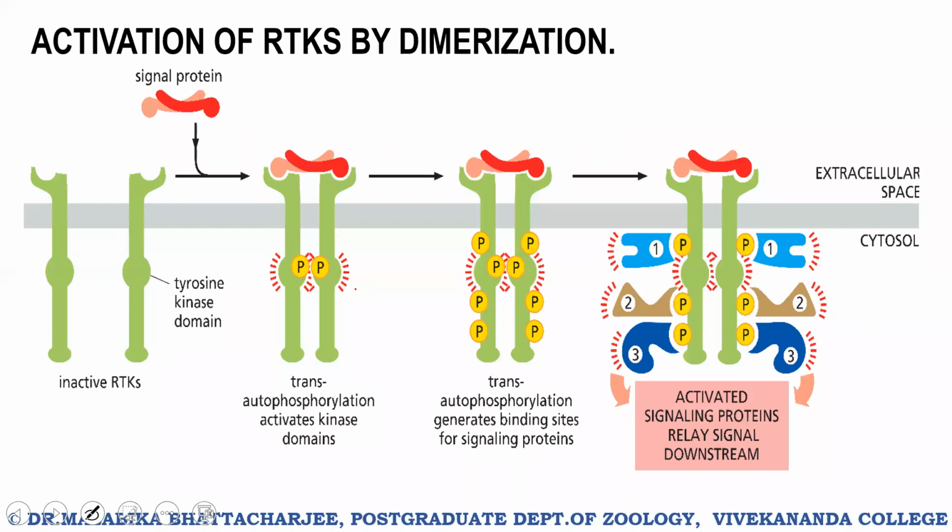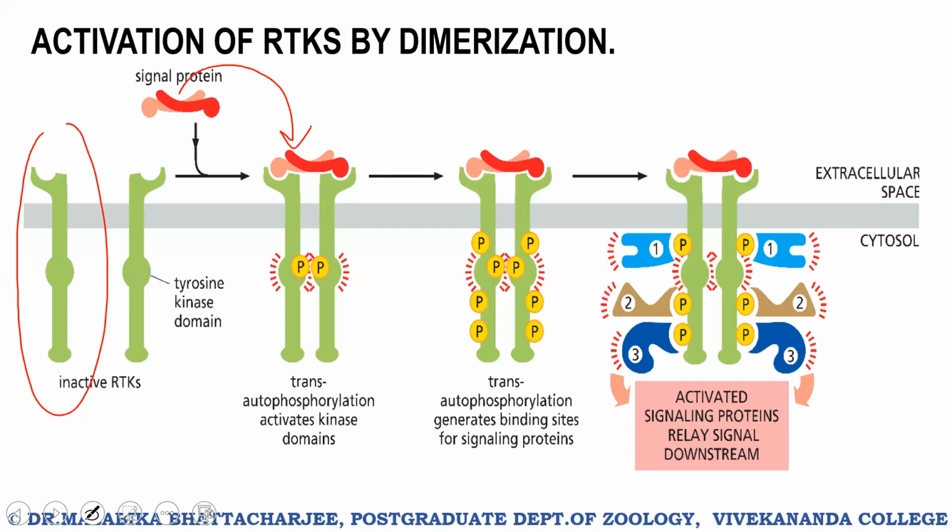And now talking about that RTK dimerization. In one of the initial slides, I explained what happens. This is an inactive receptor tyrosine kinase. This inactive receptor tyrosine kinase is there as a monomer in the plasma membrane. The moment the signaling molecule or the ligand comes, the receptors start moving towards each other.